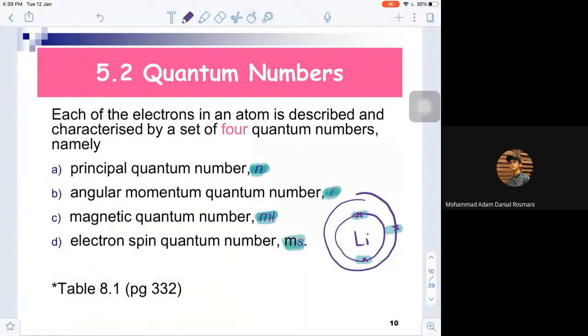It is the same as us. Each citizen of Malaysia has an IC number, right? The IC number is our characteristic. All the values in the IC characterize us, right?